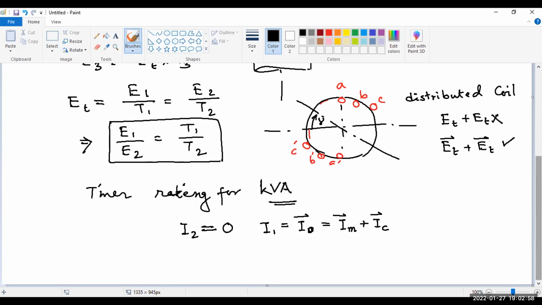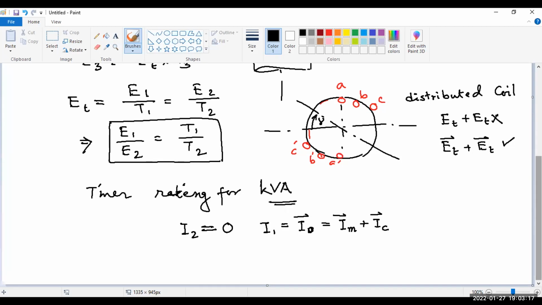Also, how the core is formed, whether it is laminated or non-laminated, and how much voltage you have applied. What is the frequency of this excitation voltage?